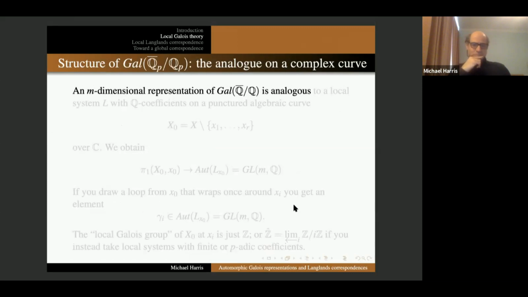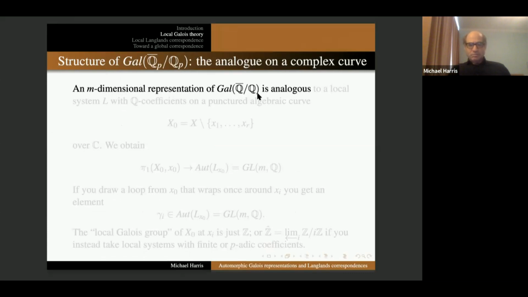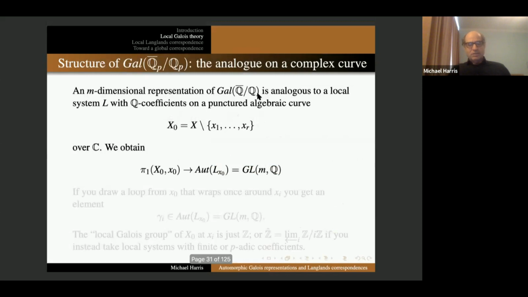So, an analogous story. It's often fruitful to think of an m-dimensional representation of the Galois group of Q as analogous to a local system.